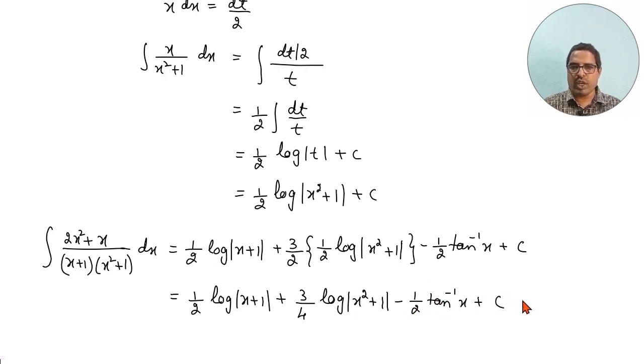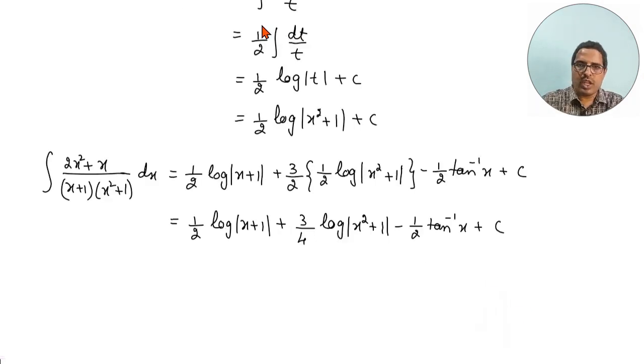That will be the required solution. So this integral value is nothing but your value of y. So therefore you have got the solution as y is equal to this particular expression.